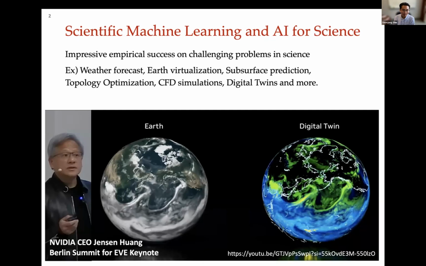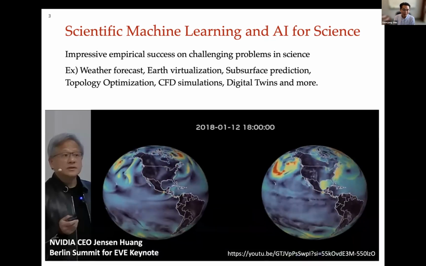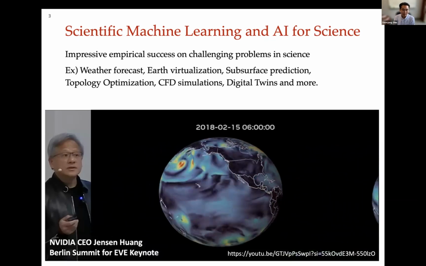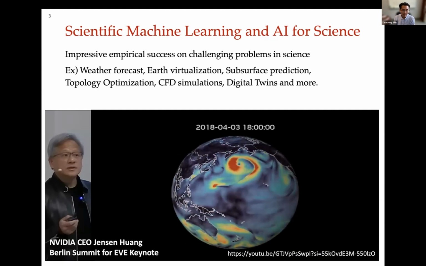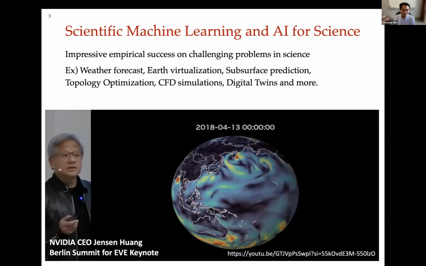So on the left is the actual Earth, and on the right is the corresponding digital twin. And with that, they are claiming that they can accurately predict some of the weather features. And one of those things can be enabled by utilizing the so-called operator learning framework.